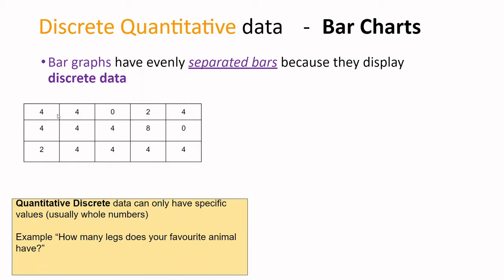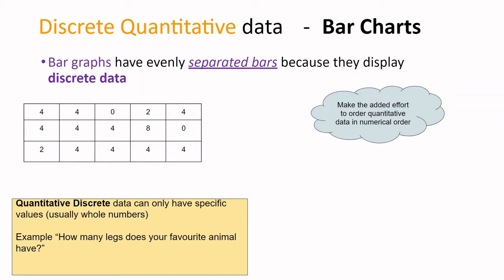Cats have 4 legs, dogs have 4 legs, fish have 0 legs, and so on. I think we can now agree that this is now quantitative data. It's numerical, but it is still discrete because although these are numbers, they are all whole numbers. I'm assuming no animal has some fraction of a leg.